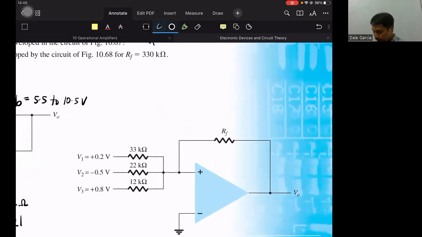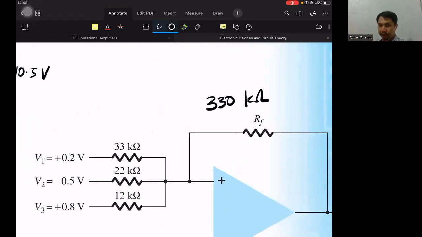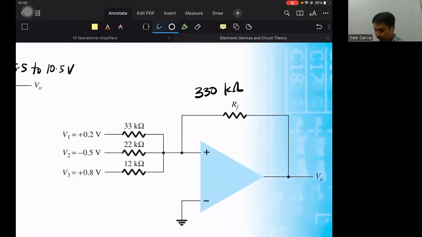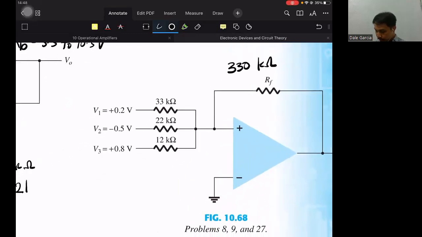What if RF is 330K for this summing amplifier? So it's better to calculate the individual gains for each branch. The gain that multiplies B1, the gain that multiplies B2, the gain that multiplies B3. Let's label them AB1, AB2, AB3. How much is AB1?